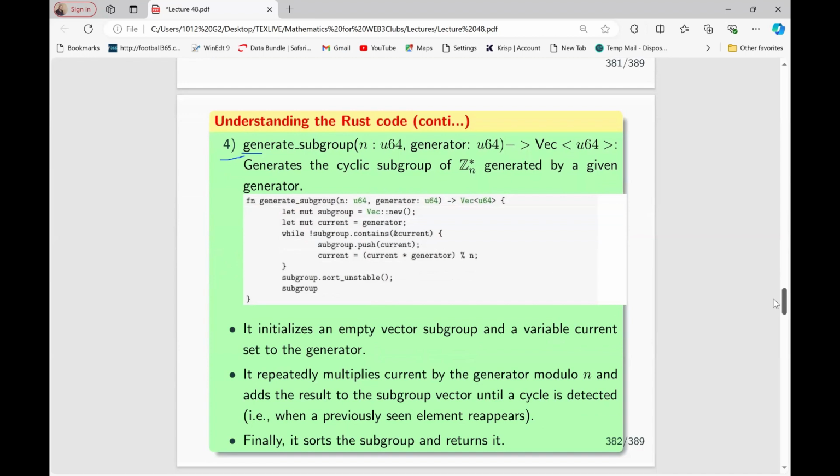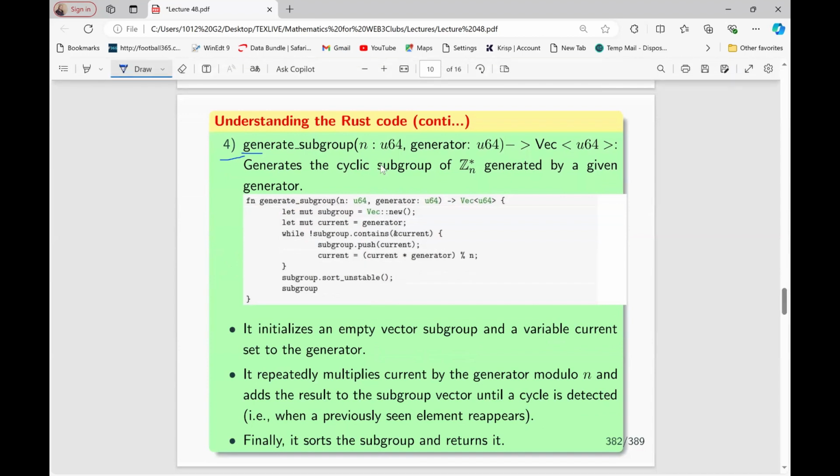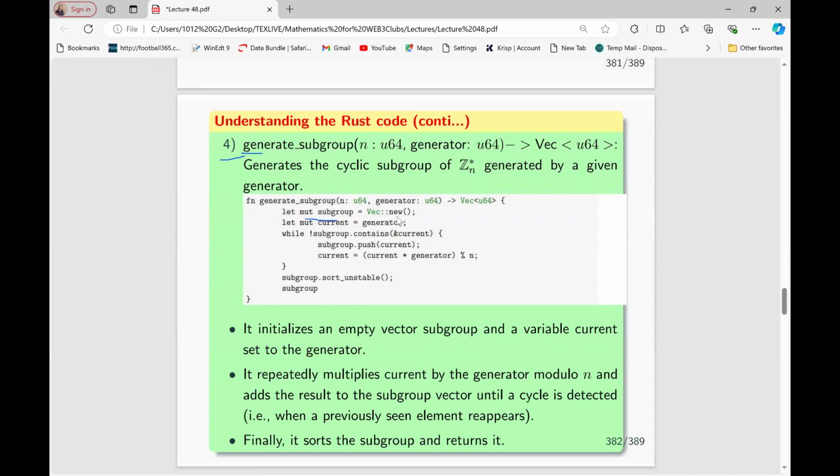Now, I've already explained how this generate subgroup function works. I said it begins by letting the subgroup be mutable and it gives an empty vector for storing the elements of the subgroup. Then the current becomes a generator. Then, while, and I said this, we read it, while the subgroup does not contain the current.